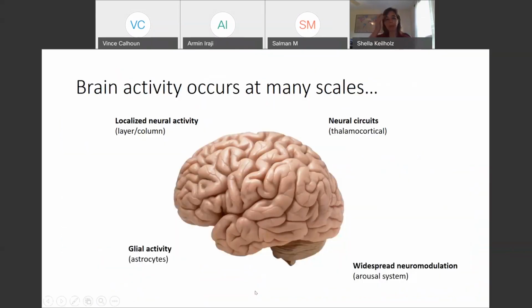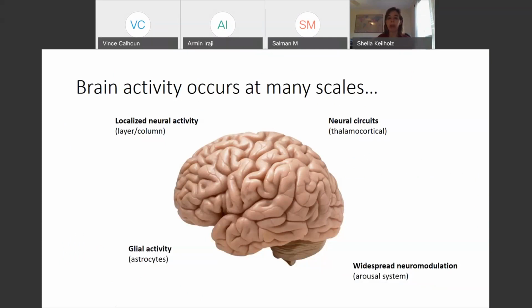Okay. So, if we think about the brain, we know that activity occurs at many different scales, right? Things that happen at the single synapse can be important for memories. We have localized areas that process inputs from, say, the same eye or from a single whisker.